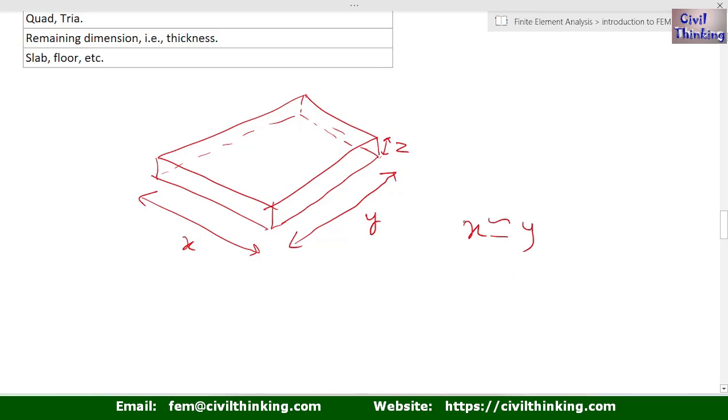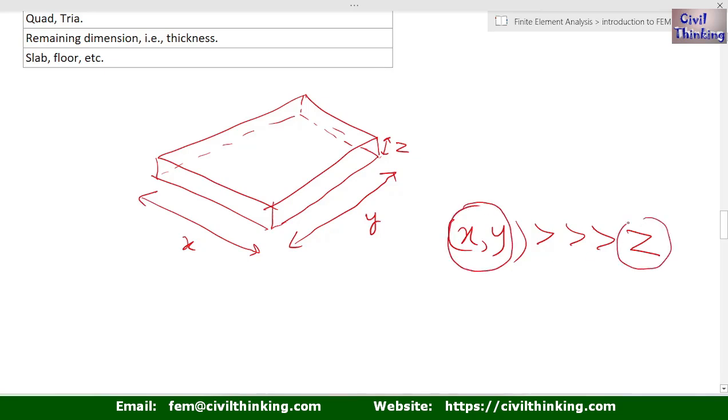Or in a more appropriate sense, if two dimensions x and y are highly greater than the other dimension, because the two dimensions are more than the third dimension, then we use 2D elements.